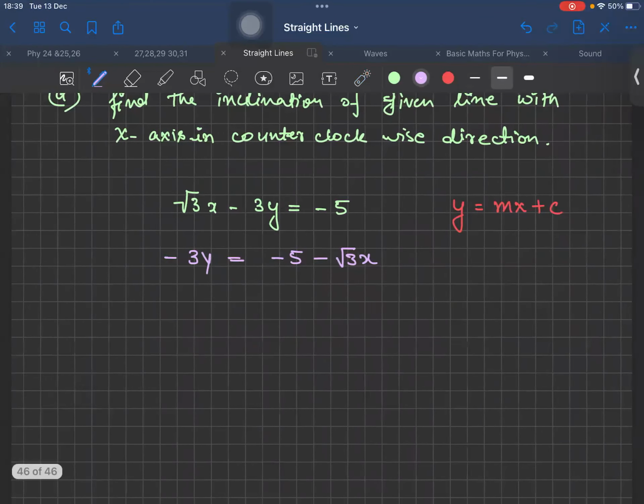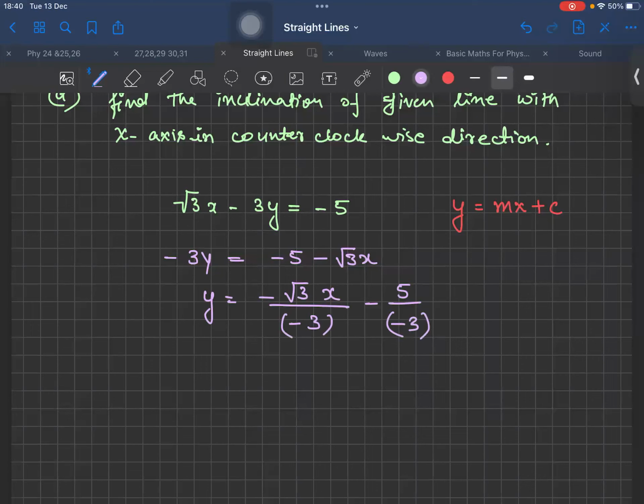Now we can write y is equal to minus root 3x divided by minus 3, minus 5 divided by minus 3. So y will be equal to root 3 upon 3, which becomes 1 upon root 3, times x, plus 5 upon 3.